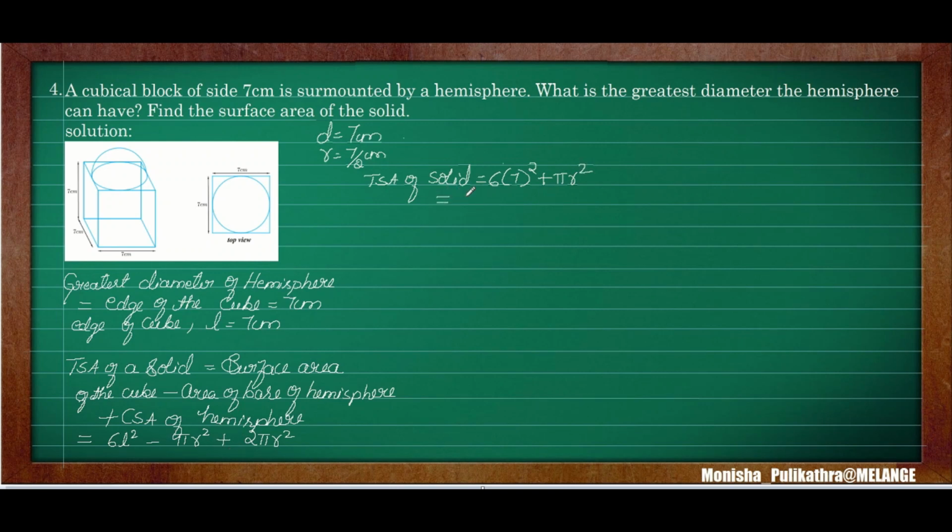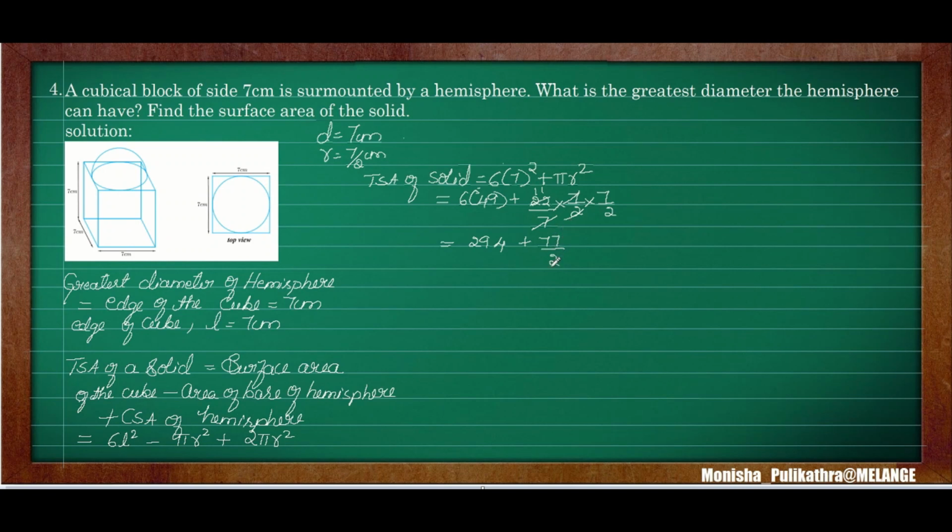Here, 6 into 7 square is 294 plus pi, which is 22/7, into r square. R square is 7/2 whole square, so I will write 7/2 into 7/2 because r square is there. So 7 cancels, 2 1s are 2, 11s are 11, 11 7s are 77 by 2.